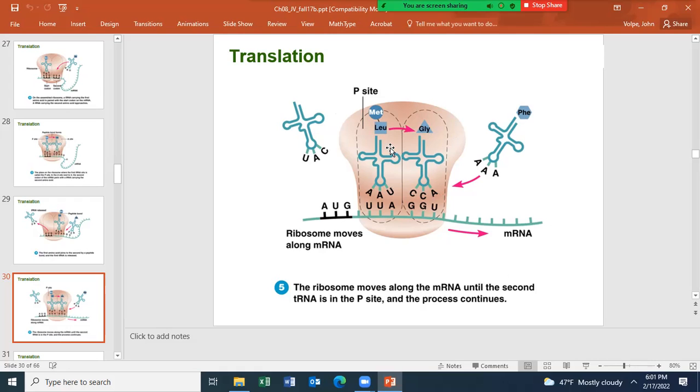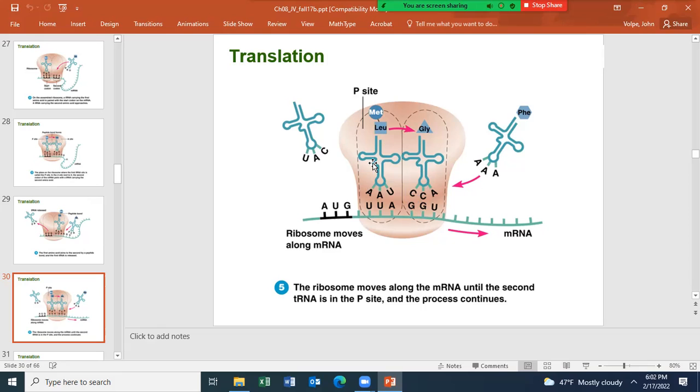And then the ribosome will remove the leucine from the tRNA, or I should say the second amino acid from the tRNA, and then covalently link it with a peptide bond to the amino acid over here, on the third tRNA.